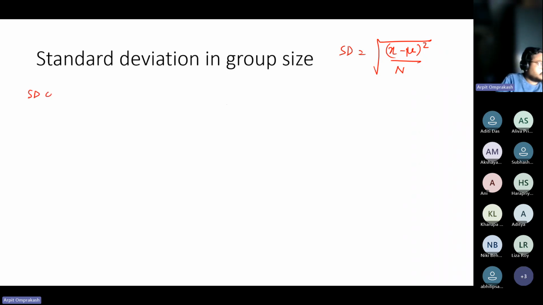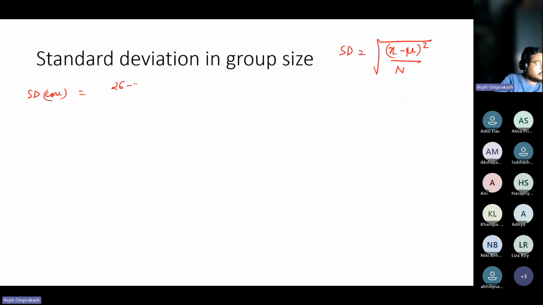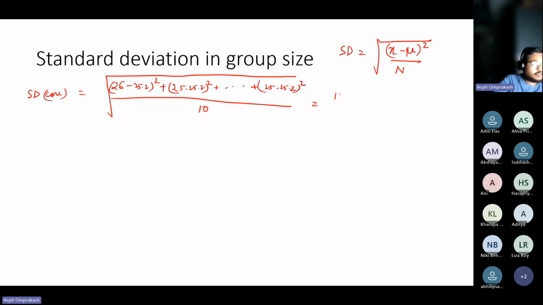So the standard deviation for core: 26 minus 25.2 whole square plus 25 minus 25.2 whole square and so on, divided by the number of samples, and we take the root of this. This comes out to be approximately 1.249.